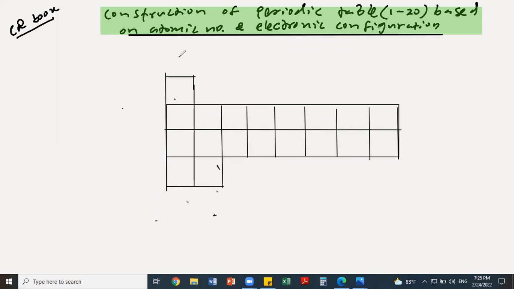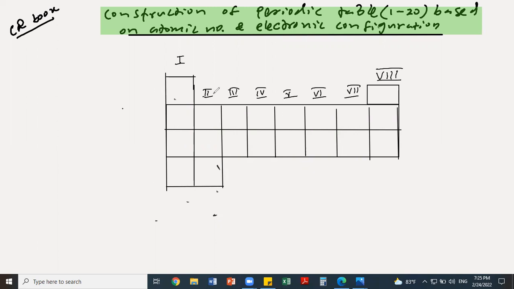You can write Roman number 1 here, Roman number 2 for the second column, Roman number 3 for the third column, and so on up to Roman number 8. There are 8 vertical columns in the periodic table.